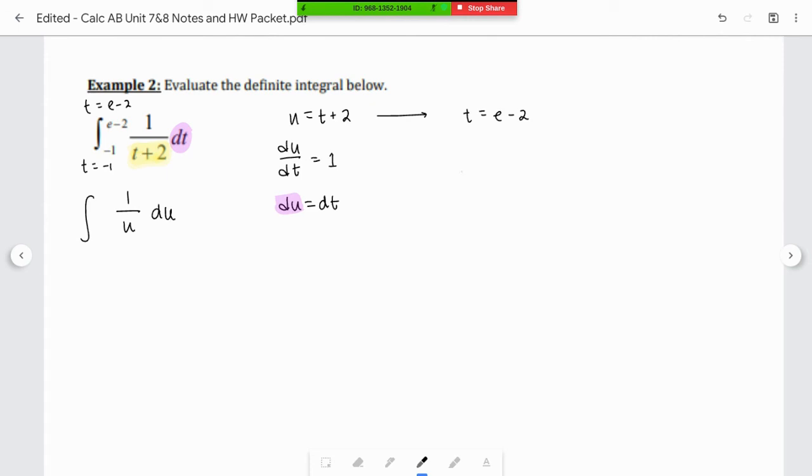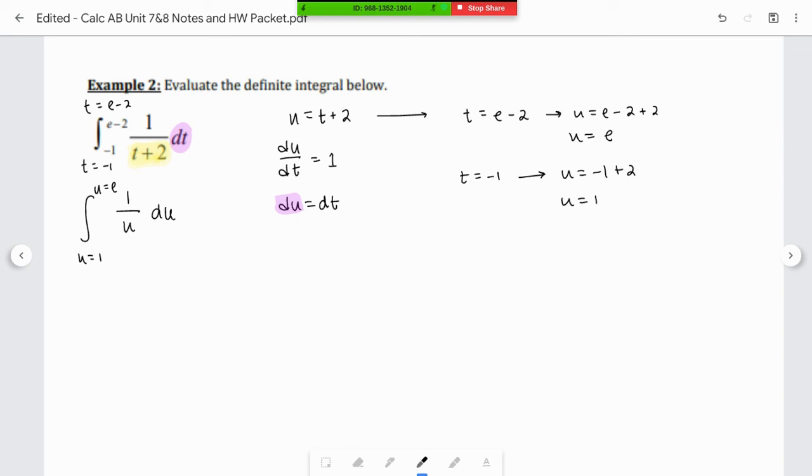And for my lower bound, t is equal to negative 1. So using my equation, u is equal to t plus 2, that would mean that u is equal to e. And then for my other bound, t plus 2, that'd be negative 1 plus 2, which is 1. So my bounds here are going to be from u equals 1 to u equals e.